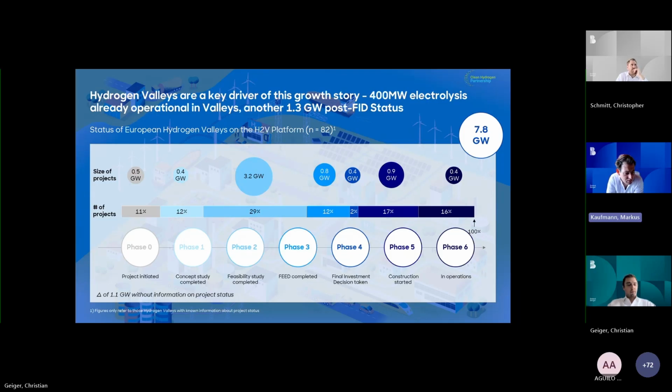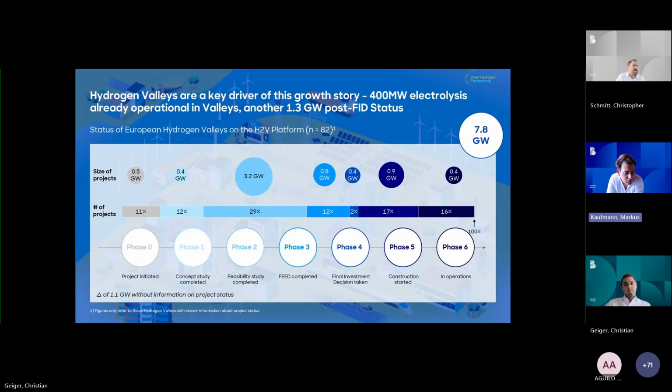We see a strong level of progression already, with roughly 35% of projects post-FID, and 12% more already in FEED, so spending real DevEx, sometimes tens of millions on engineering studies to advance the project, accelerate permitting, start procurement, and so forth.